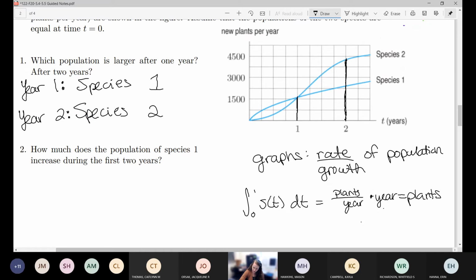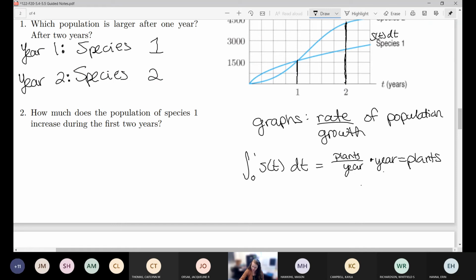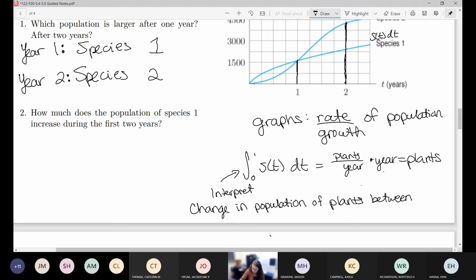Say I named this S of t, and I wanted to go from 0 to 1, and I wanted to interpret this in our cookie cutter way. This would be a change in population of plants between, let's just say, t equals 0 and t equals 1 years.